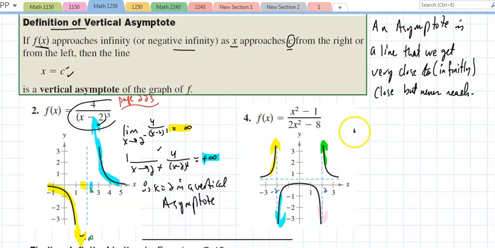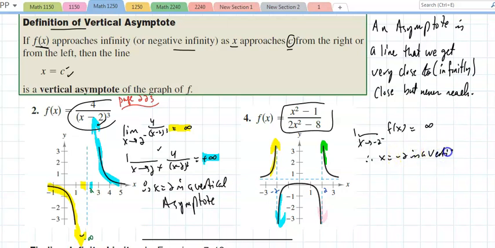And here, since taking the limit as x approaches negative 2 from the left of f of x, there's f of x, equal infinity, automatically x equal negative 2 is a vertical asymptote. And that would be the yellowish.